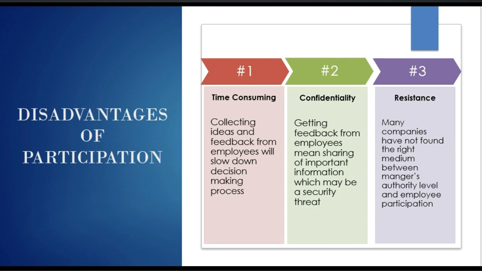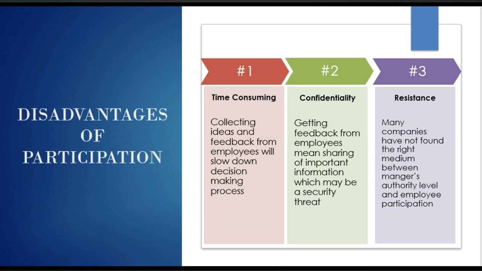Participation can be time-consuming. Collecting ideas and feedback from employees will slow down the decision-making process. Item number 2, confidentiality. Getting feedback from employees means sharing of important information, which may be a security threat. Resistance.